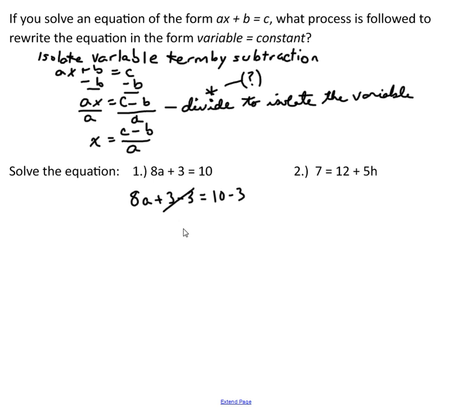Subtracting 3 on both sides gives us 8 times a is equal to 10 minus 3, that's 7. Next, we would divide both sides by 8 in order to isolate the variable. Remember, 8 divided by 8, any number divided by itself is 1, and 1 times the variable is itself, and so our solution would be a equals 7/8.